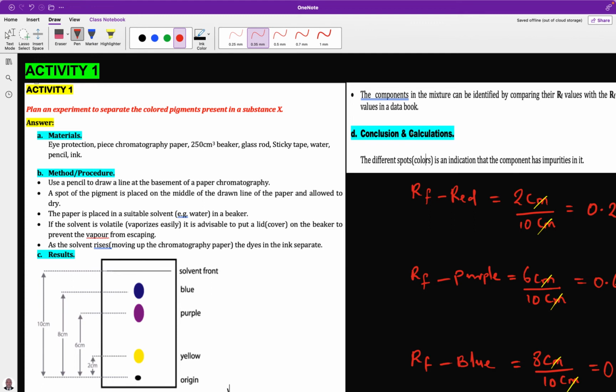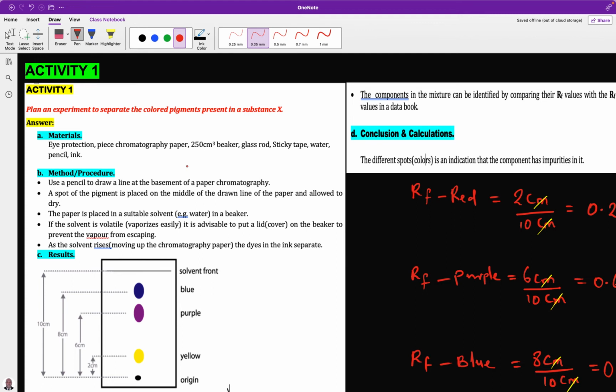In planning your experiment, what are your materials? The materials needed in the laboratory: you have an eye protection, a piece of chromatography paper, a 250 cm3 beaker. You need a glass rod, a sticky tape, water as your solvent, a pencil, and you need the substance X, which is the ink.